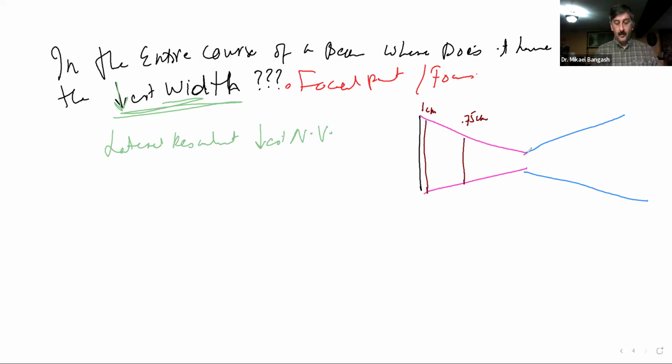And here at the focus, we had a width of half of a centimeter. What did these numbers here represent? Mainly just the width of the beam, right? Good. So at which point did we measure the narrowest width of the beam? At the focus.